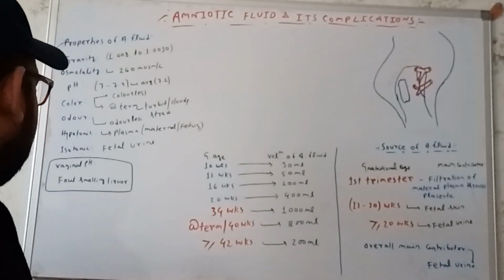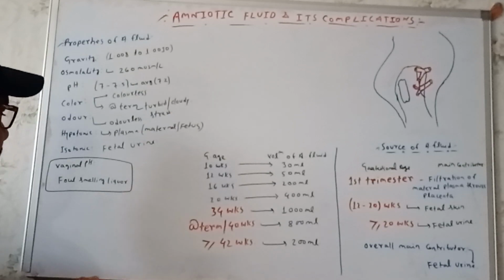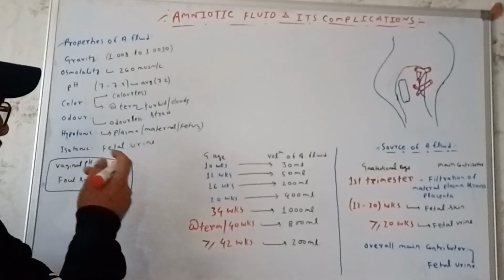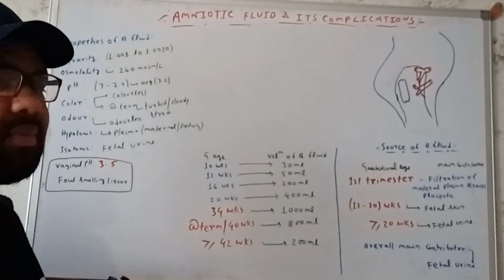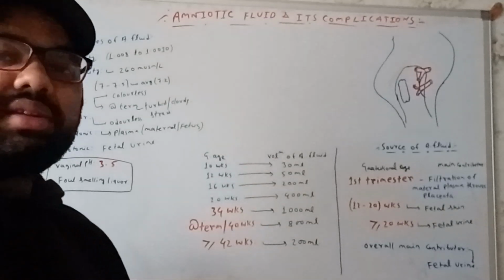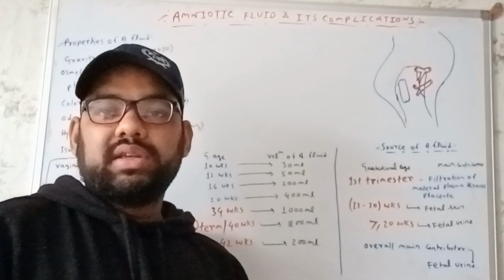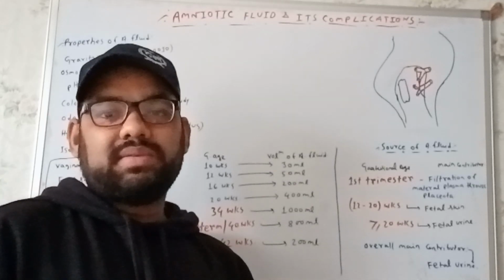Now see the vaginal pH. The vaginal pH is near about 3.5. Now whenever we are getting a vaginal pH of 3.5, sometimes you can get to see, during pregnancy, vaginal discharge, and also you can get to see the amniotic fluid over here. Now to differentiate whether it is the vaginal discharge or the amniotic fluid, we can use litmus paper.